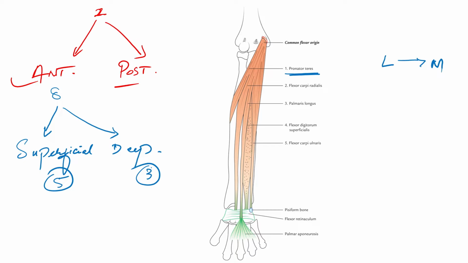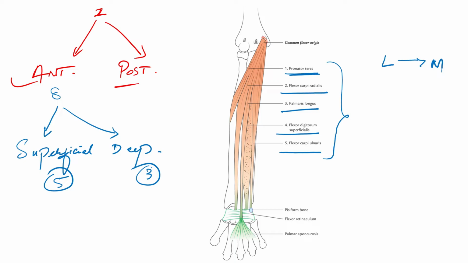Just medial to pronator teres comes the flexor carpi radialis. Medial to flexor carpi radialis is the palmaris longus. Then comes the flexor digitorum superficialis, and the medial most muscle is the flexor carpi ulnaris. So these are the 5 superficial muscles of the anterior compartment.